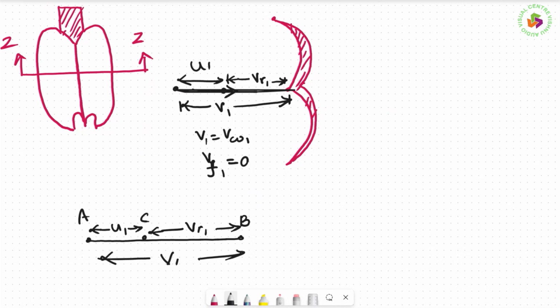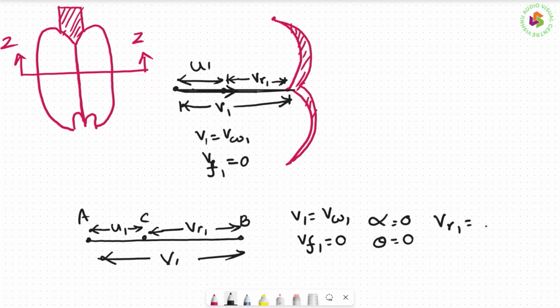Now in that, V1 is equal to VW1, VF1 is equal to 0, alpha is equal to 0, theta is also equal to 0. And VR1 is equal to V1 minus U. This is the first thing, so this is the inlet velocity triangle.